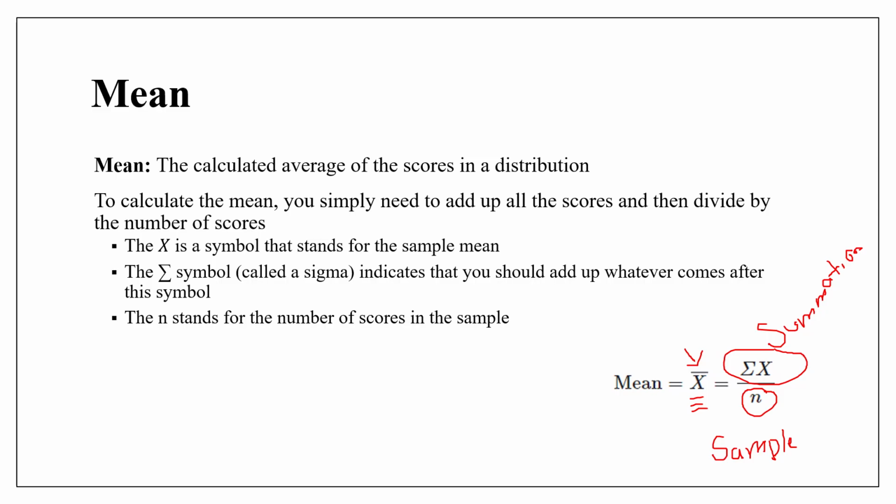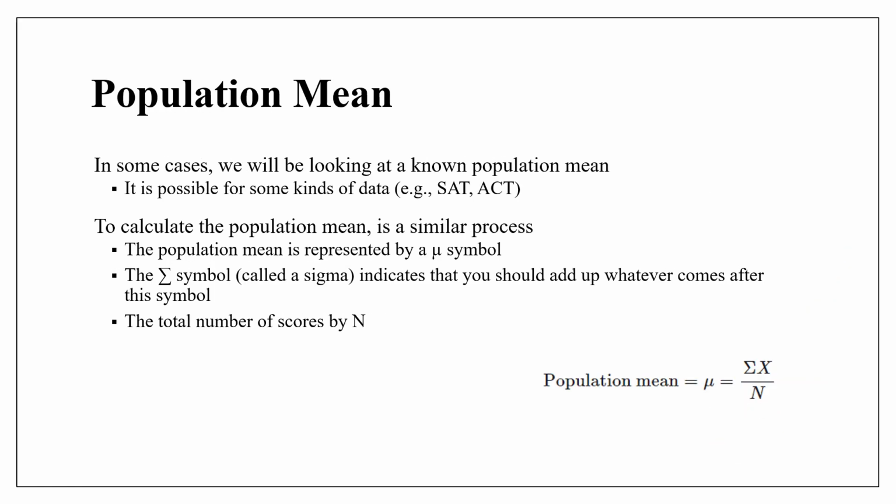But again, the mean is the average of all the scores in the distribution. What you have to do to calculate the mean is first make that summation of all of those scores. So you're adding up every single observation you have in your data set, and you're going to divide that over the total number of observations, in other words, our sample.